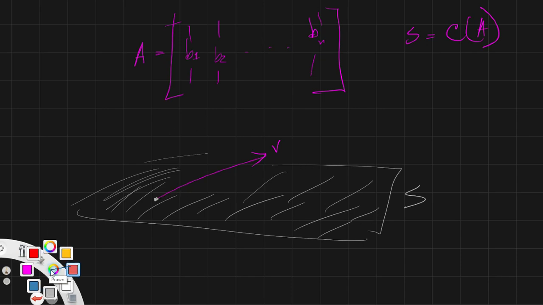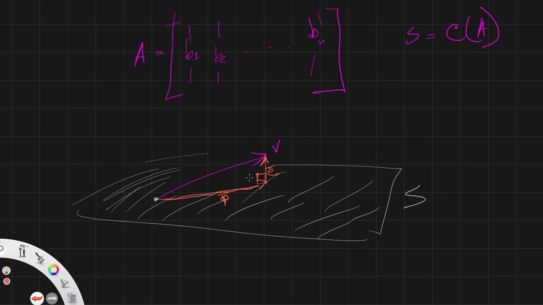Now we want to find this P vector, that is the projection of V onto S, such that the error is minimized. And this is going to be minimized when the error is perpendicular to this vector space.